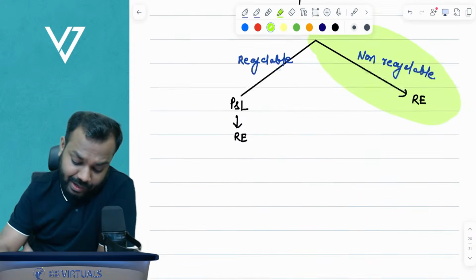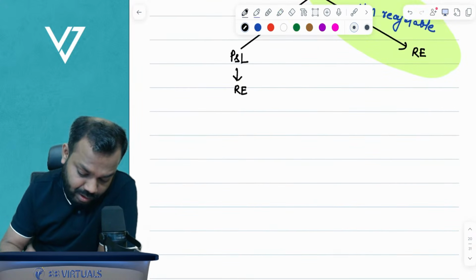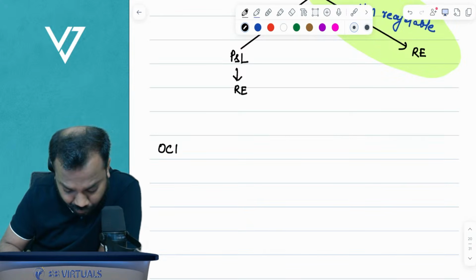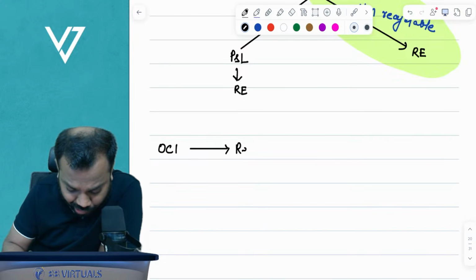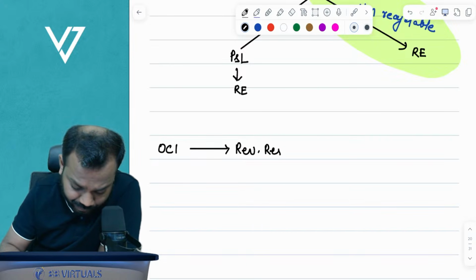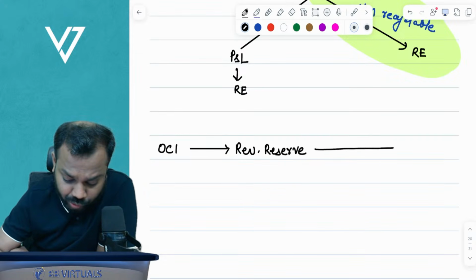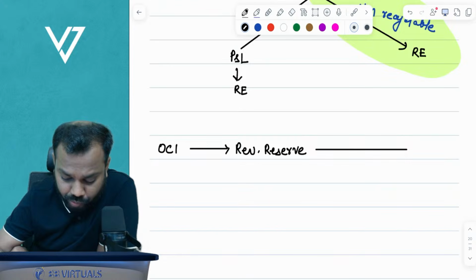So what is the treatment of revaluation gain? It is recorded in OCI. From OCI, it goes to revaluation reserve. From revaluation reserve, it goes to retained earnings.